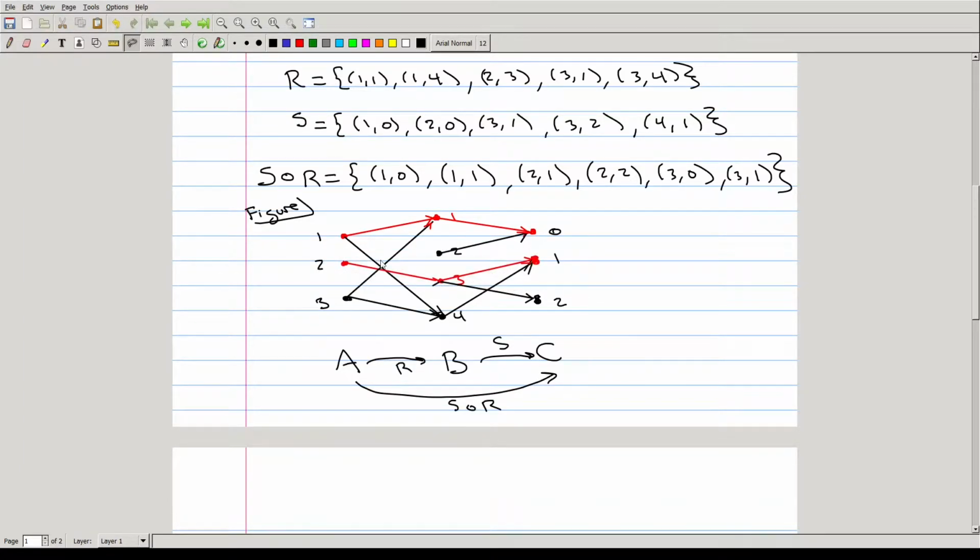We have (1,0) right here, this is (2,1), which is this element right here, (2,2), which is this element right here, (1,1), this element right here, (3,1), then lastly (3,0).